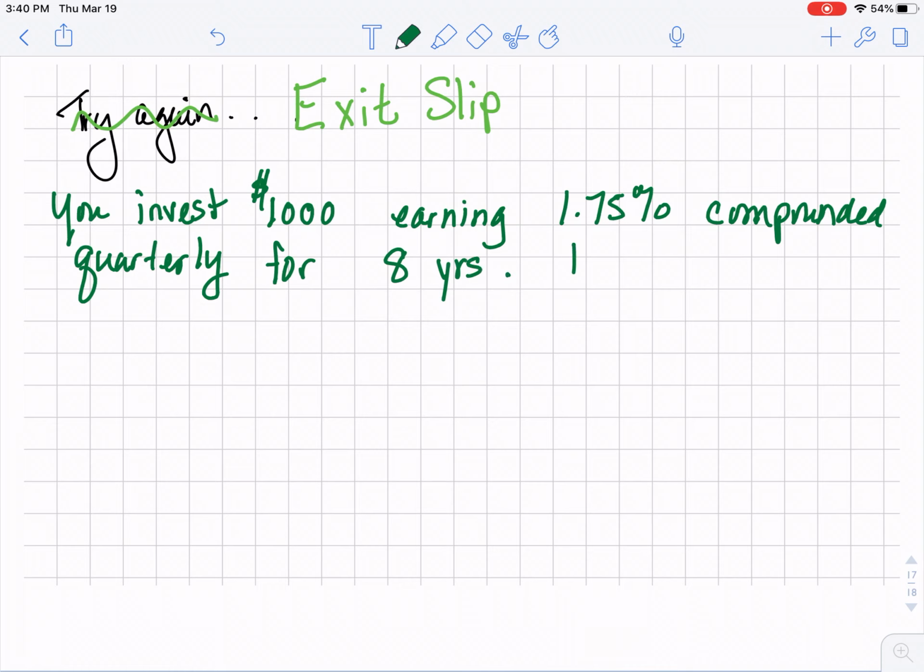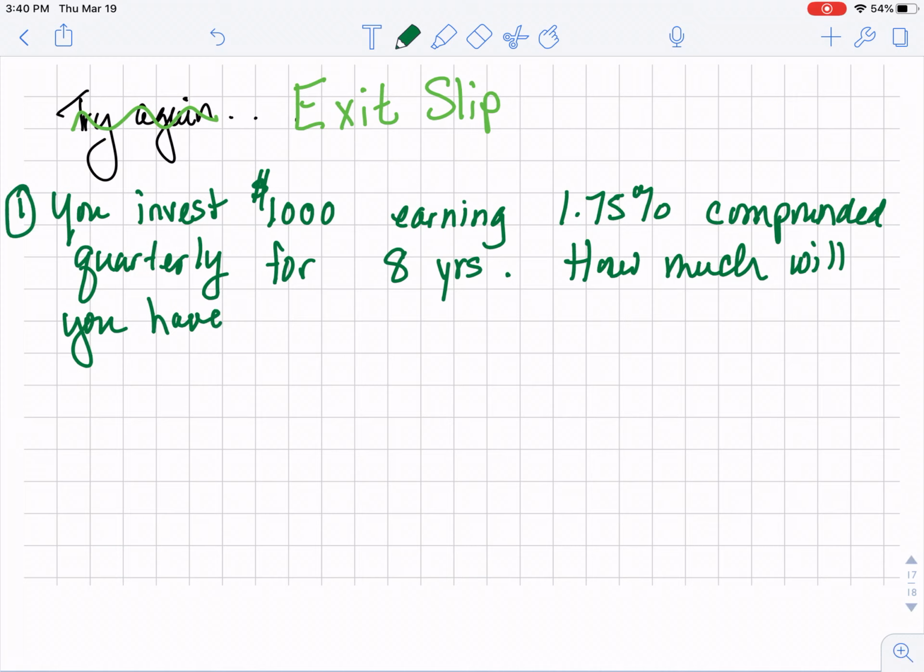How much will you have? That is your exit slip for that.